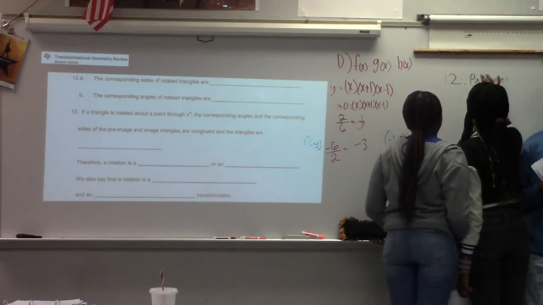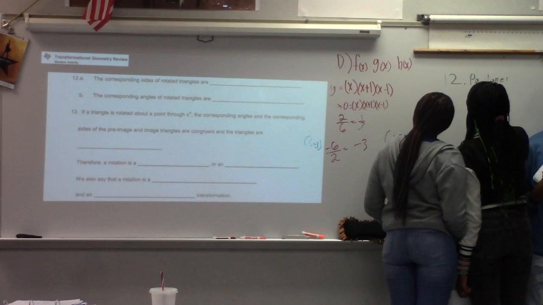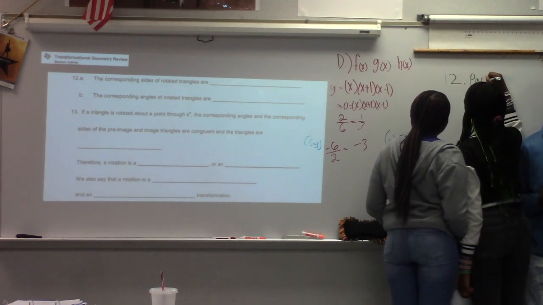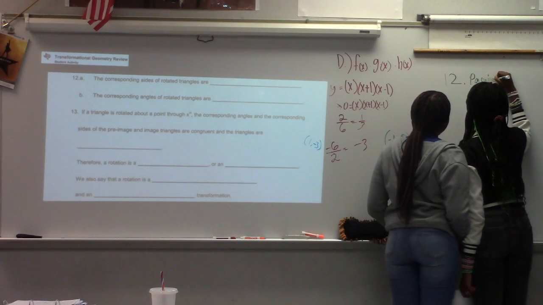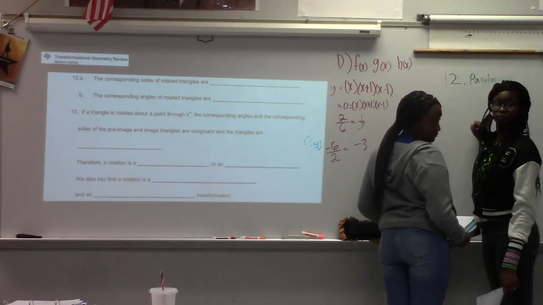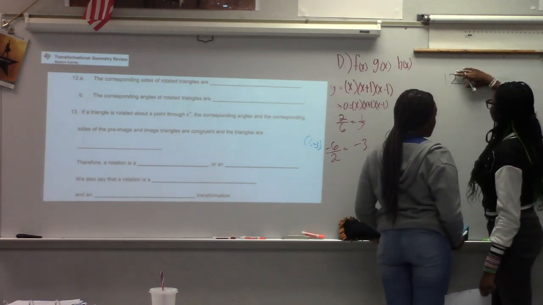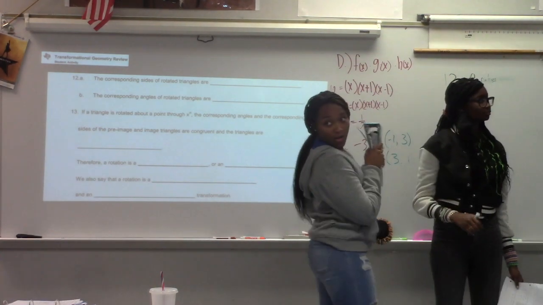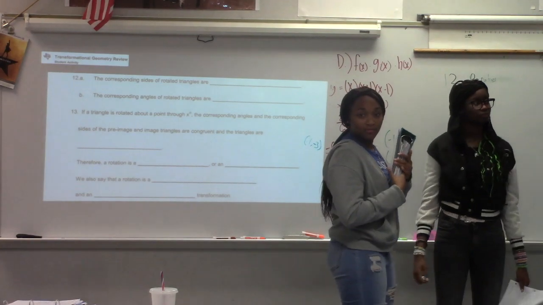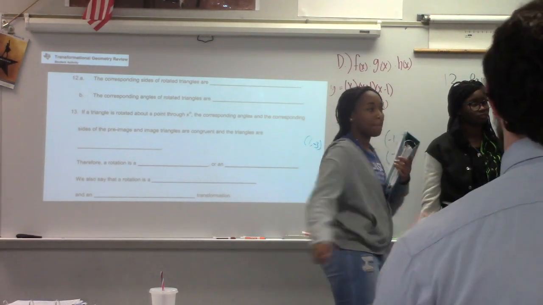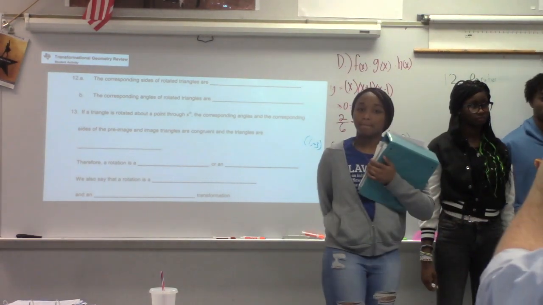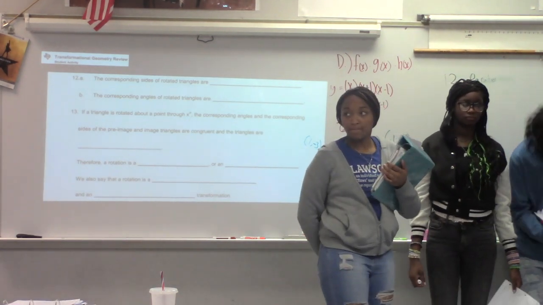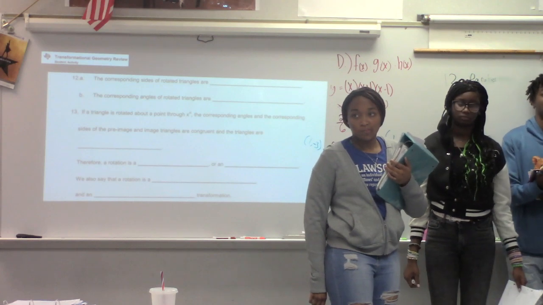Really quickly, listen, when they talk about corresponding, if you were to take point X and rotate it, which point would correspond to X? X prime, right? Remember, when we say corresponding, we mean the same ones. So if you have side length XZ and you rotate it or reflect it or translate it, which side would correspond to XZ?